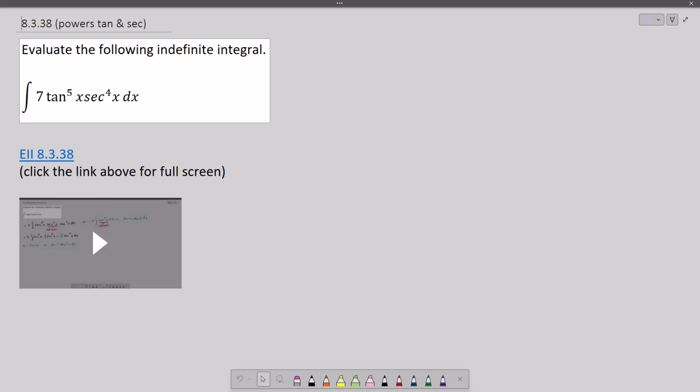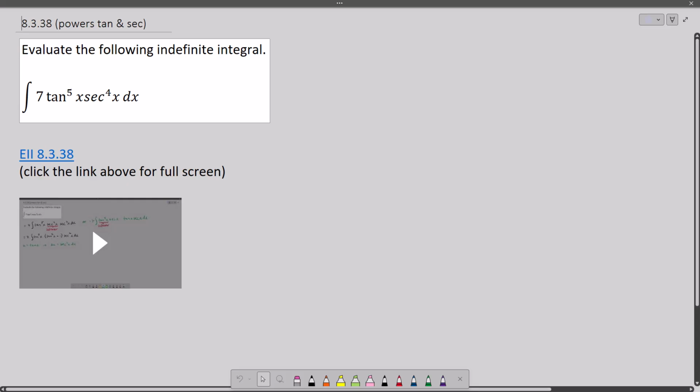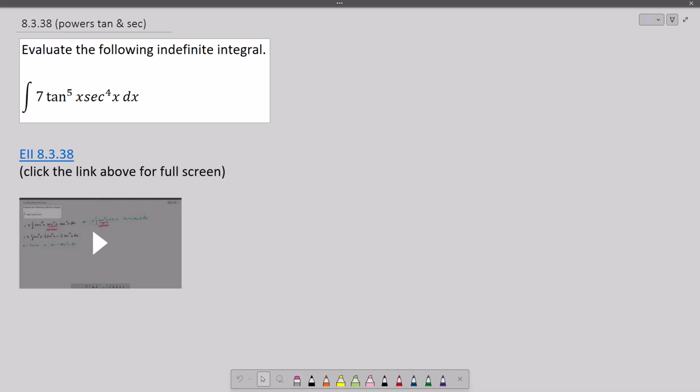And so if we think about this, if we go with the tangent thing, tangent's odd, we'd pull one tangent off with the secant, we pull off a sectan, and we'd have to convert tangent to the fourth. So that's tangent squared squared. So that's going to be secant squared minus 1, quantity squared, which will then be FOILed out and be a big long fourth order thing.